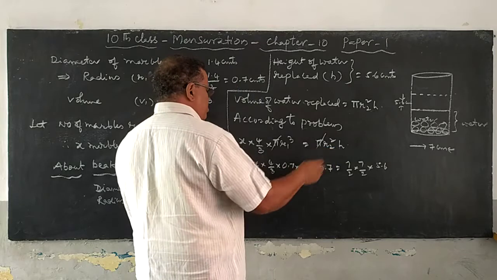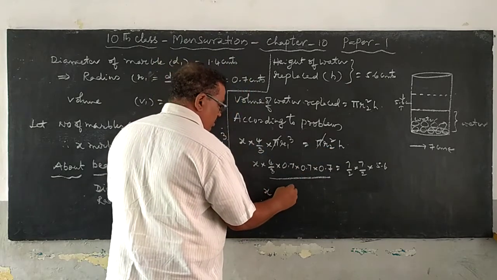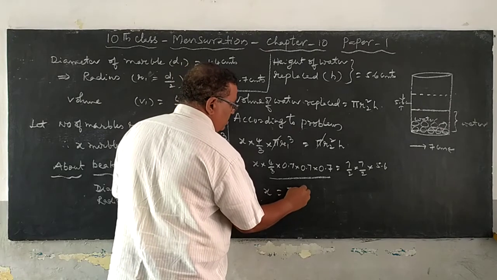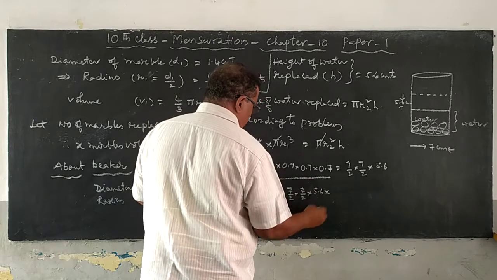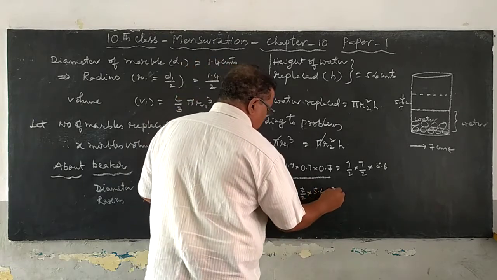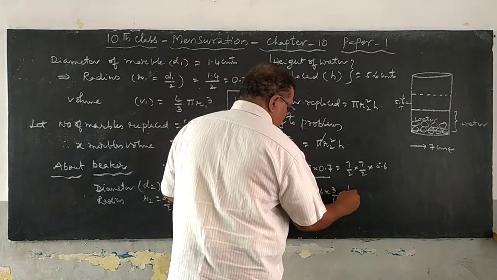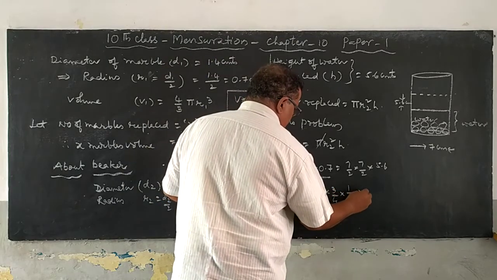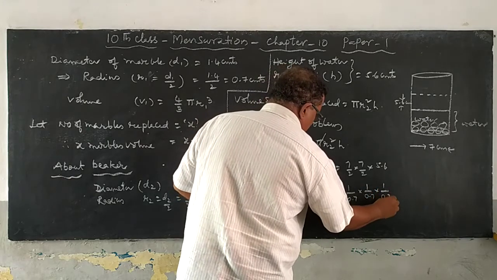So I will transpose all the values from the left side to the RHS. x is equal to 7 by 2 into 7 by 2 into 5.6 into 4 by 3 becomes 3 by 4 into 1 by 0.7 into 1 by 0.7 into 1 by 0.7.